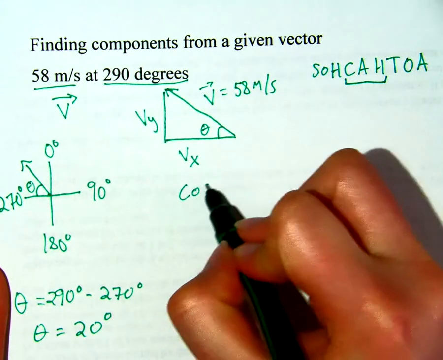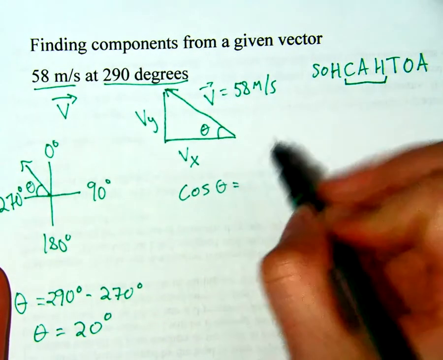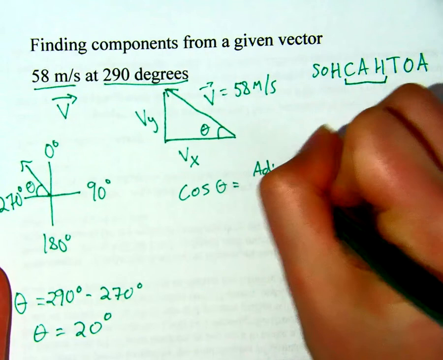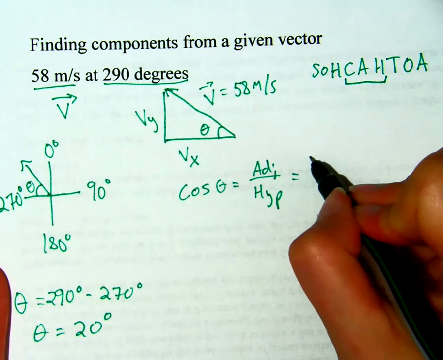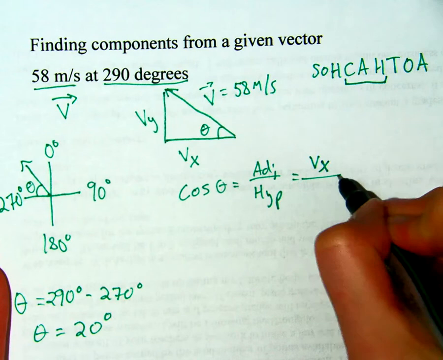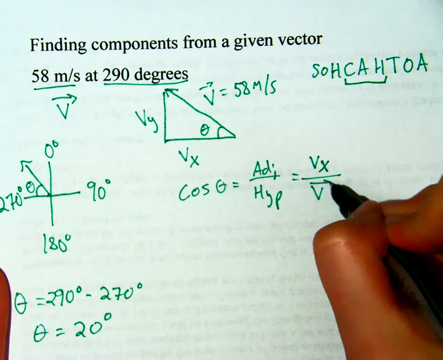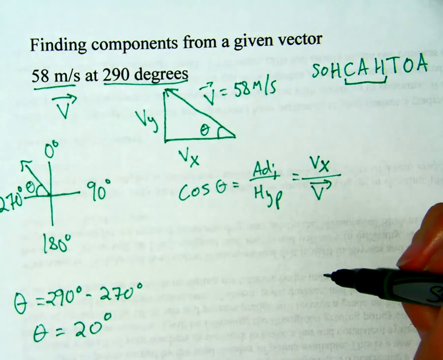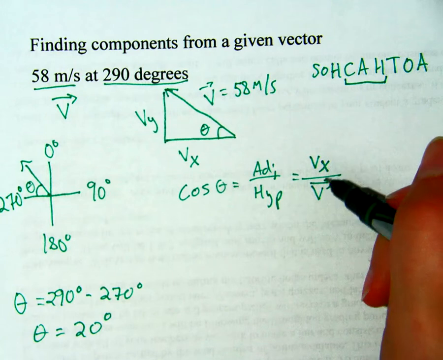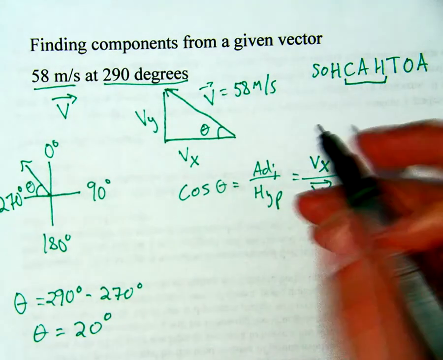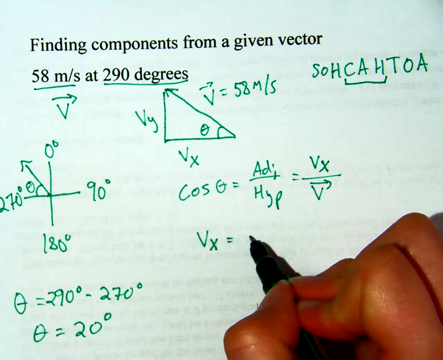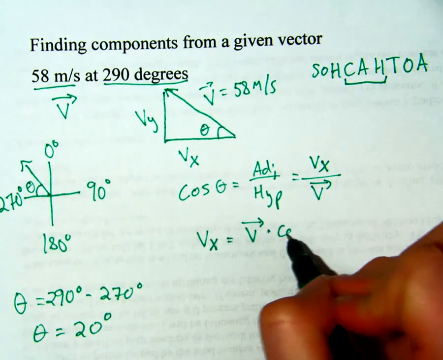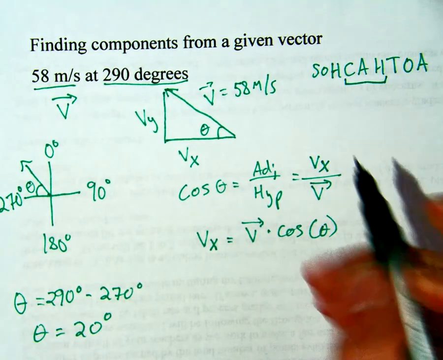And so when we fill this out, we have cosine of theta is going to be the adjacent over the hypotenuse, or, writing it out in the physics terms, vx over our vector v. Now we want to solve for vx, so it's simply multiplying the v vector over in order to get vx equals the v vector times cosine of theta.